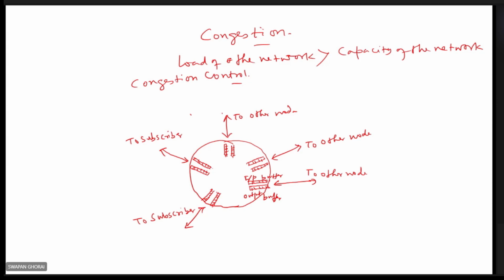So when such a condition is reached, I mean, if the incoming packets arrive faster than they can be handled, then a saturation point will be reached. Buffers will not be available, and packets will be discarded.